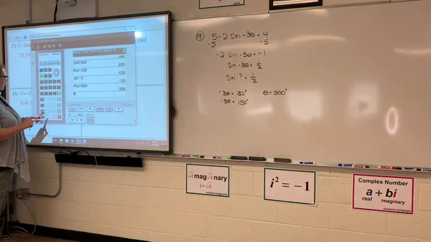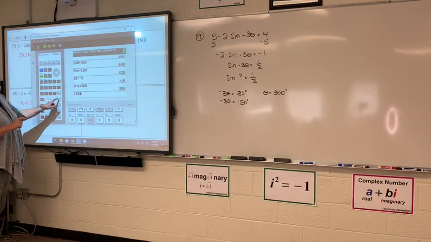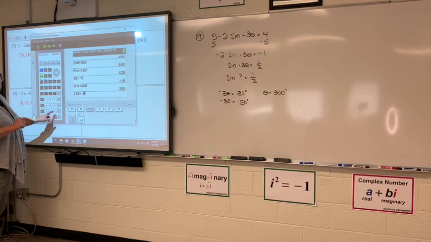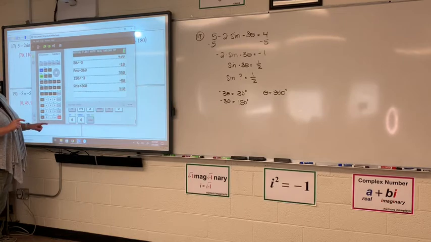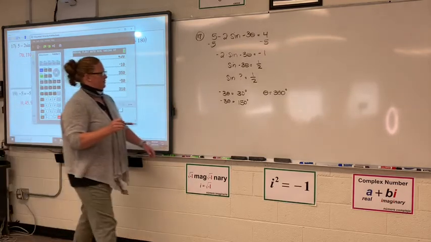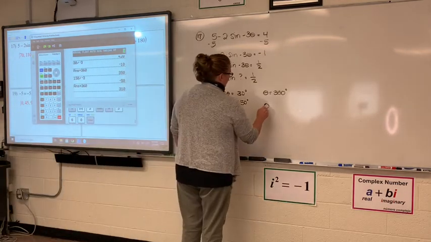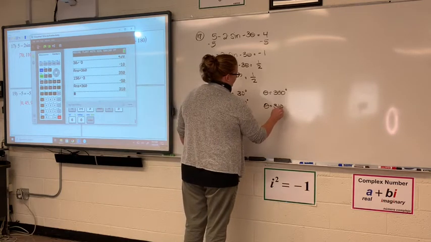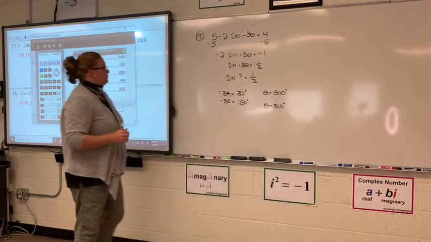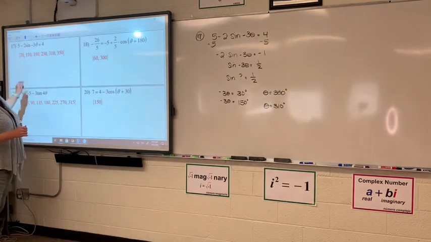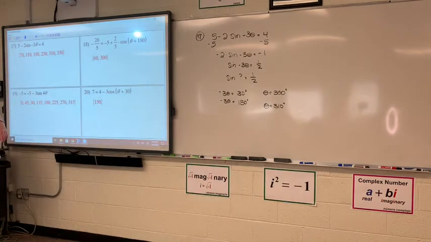So then 150 divided by -3 gives me 50, but we don't want -50, we want 310. Okay, so those are really close together, and plus I'm going to keep checking anyways.